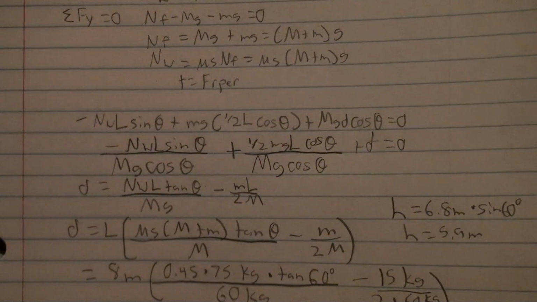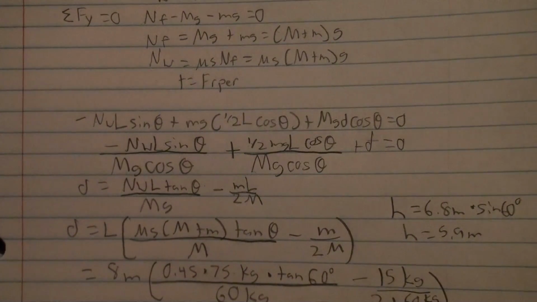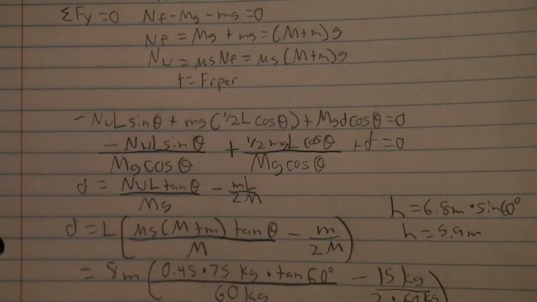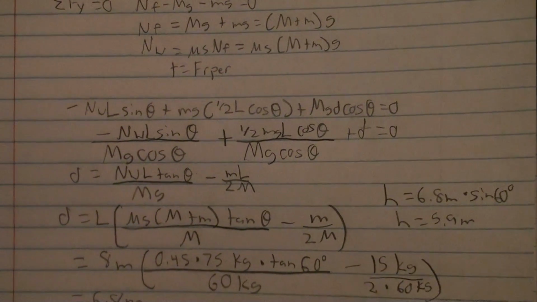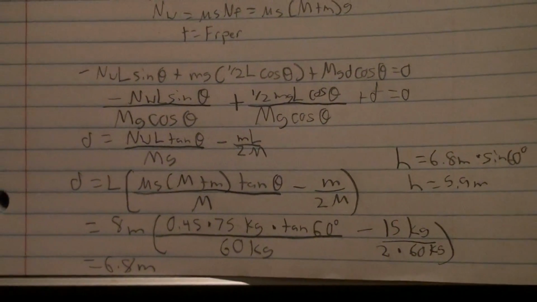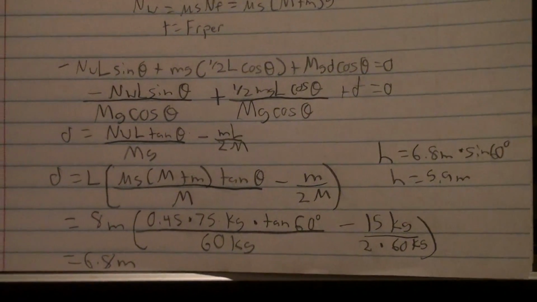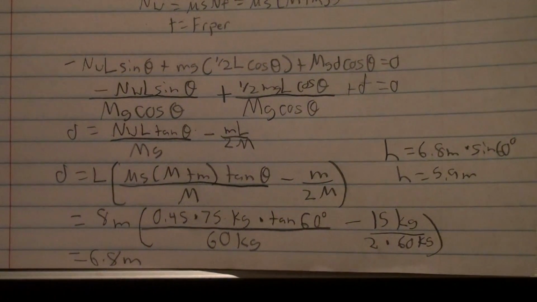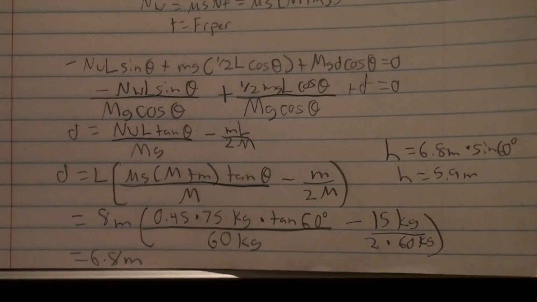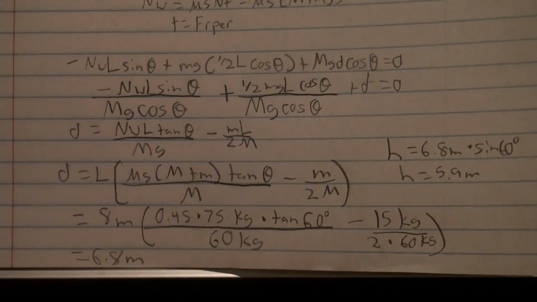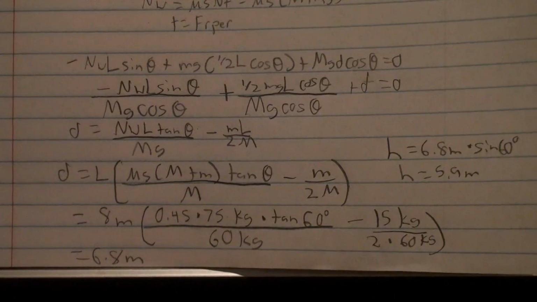Now I have my distance equation: d is equal to N sub W times L tangent theta divided by capital Mg, minus m times L divided by 2 capital M. For the next step I substituted N sub W, and I got d is equal to L times mu sub s times capital M plus m times tangent theta divided by capital M, minus m divided by 2 capital M.